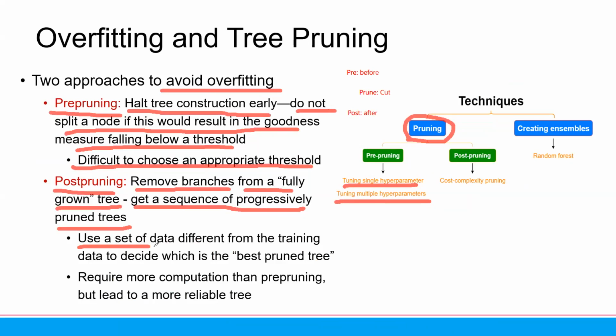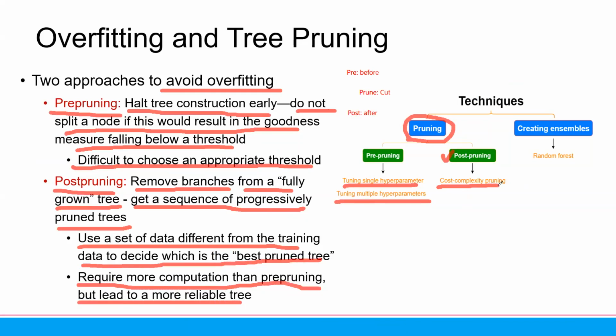We can use a set of data different from the training data to decide which is the best pruned tree. It is mentioned here that it requires more computation than pre-pruning, but leads to a more reliable tree. So post-pruning is cost complexity pruning.